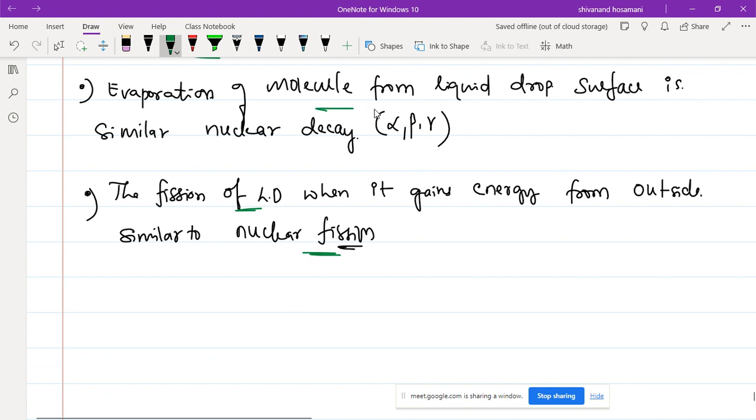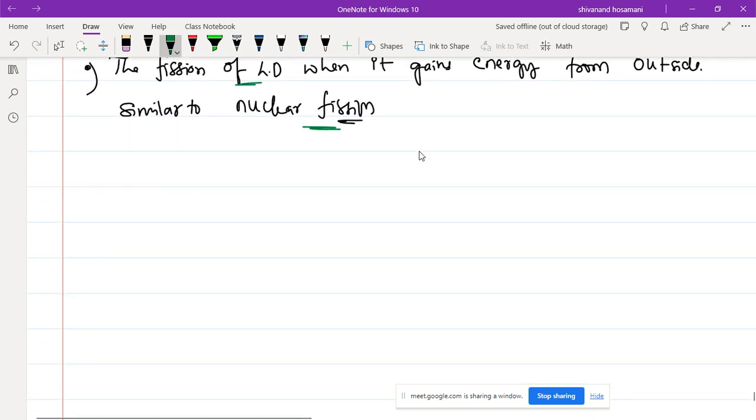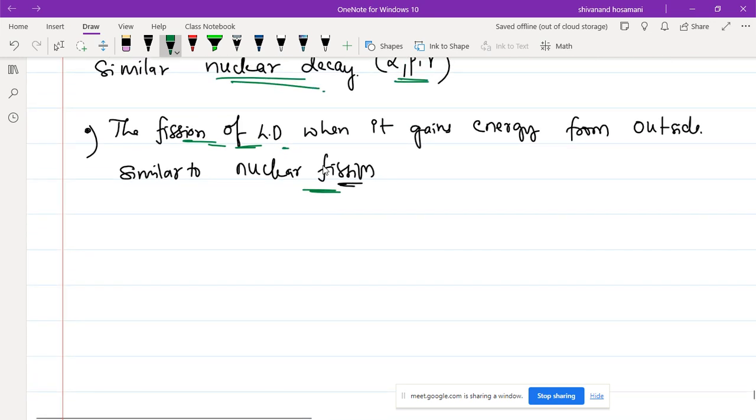Similarly, evaporation of molecules from the liquid drop surface, and nuclear decay by alpha, beta, gamma. Next, for fusion of liquid drop, heat it and it evaporates and breaks. Similarly for nuclear fusion.